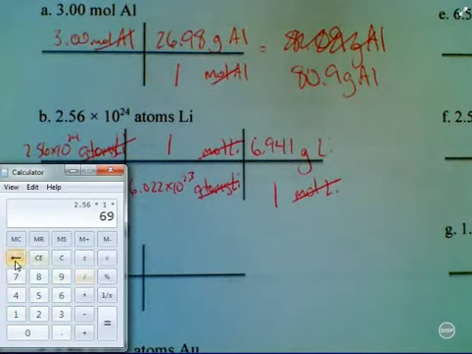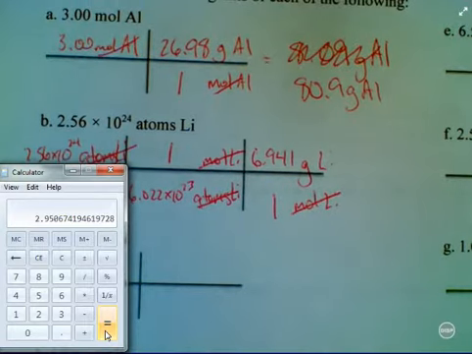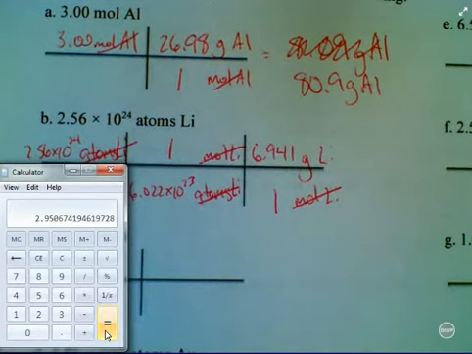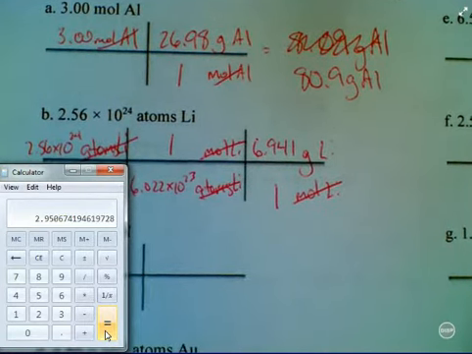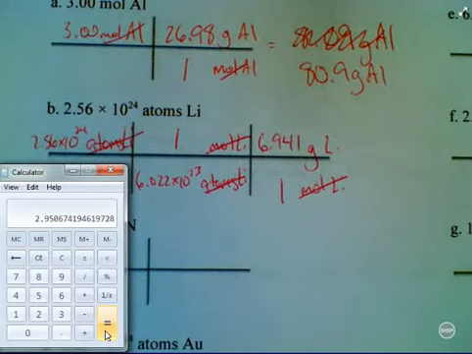Goodness gracious, 6.941. And then we are going to divide that by 6.022. All right, so the value that I'm going to get is 2.95. I want 3 significant figures, so yeah, 2.95 is what we'll stick with there.